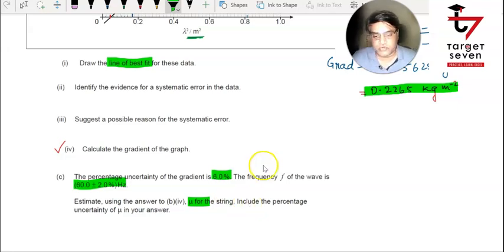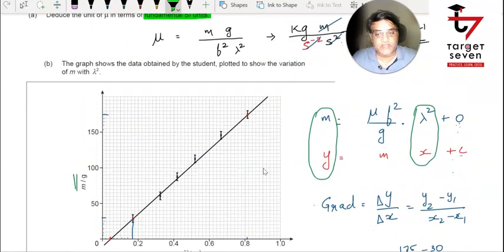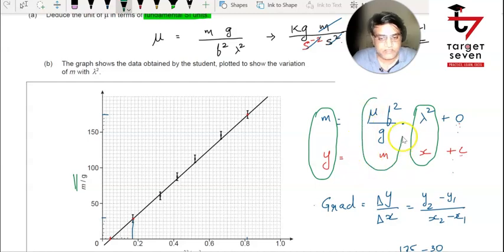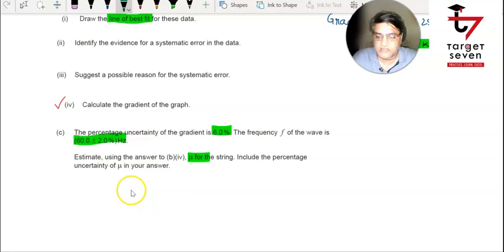All right, so how do we do this? We determine the gradient. Remember how we analyzed this stuff earlier itself. The gradient here represents mu f square upon g. So that is what I shall consider gradient. Gradient is equal to mu f square upon g.